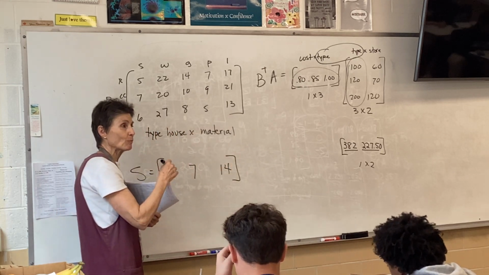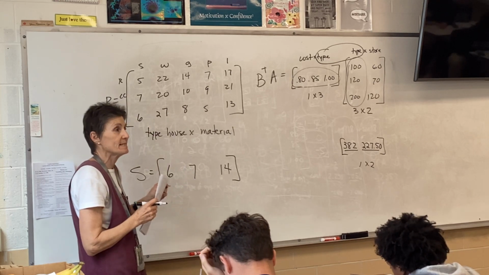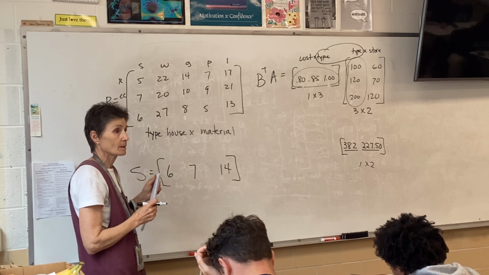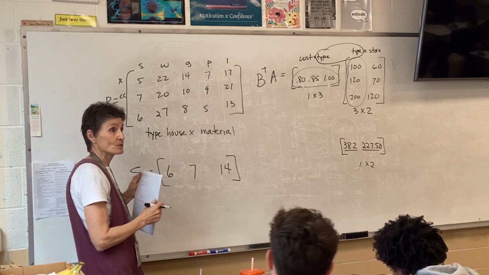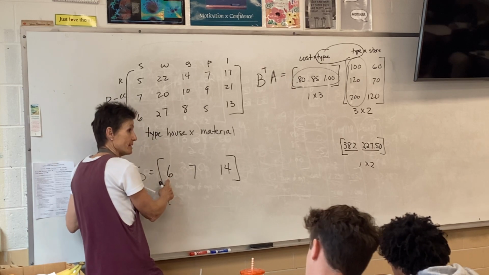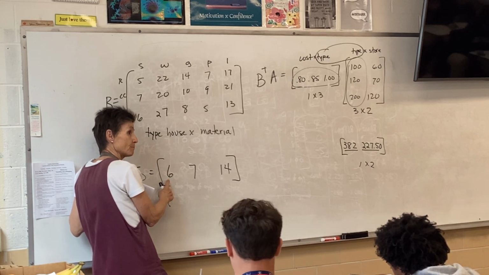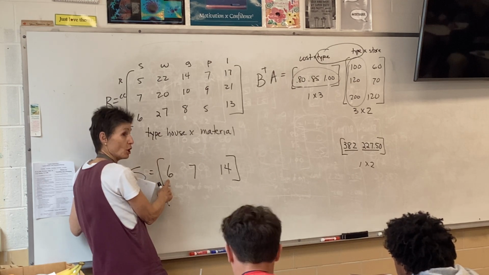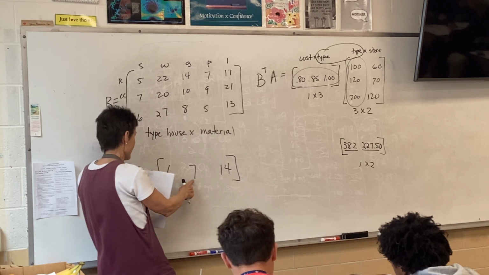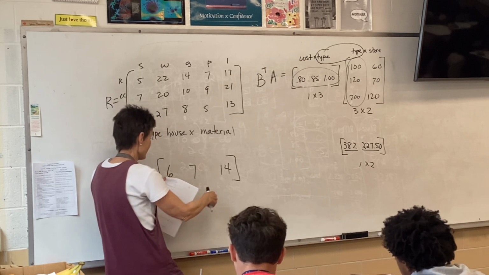And what does that represent? Where did the 6 and 7 and 14 come from? The number of houses. Those are the numbers of each kind of house. So this 6 right here represents the number of ranch homes, and 7 Cape Cods, and 14 colonials, is that right?